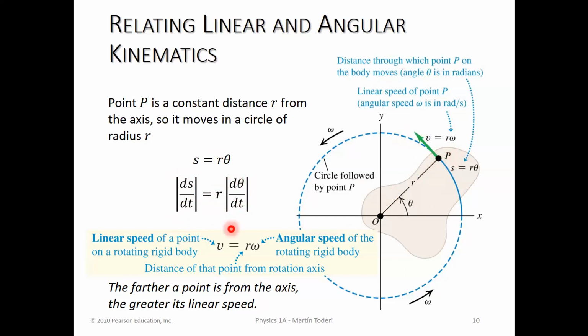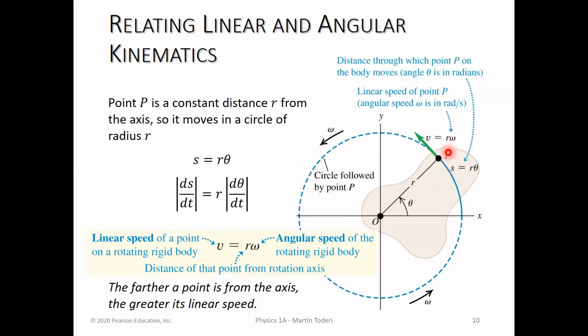Then we can write that the linear speed of a point on a rotating rigid body equals the angular speed multiplied by the distance of that point from the rotation axis. We had this from circular motion, but now we're getting a more formal definition of it.